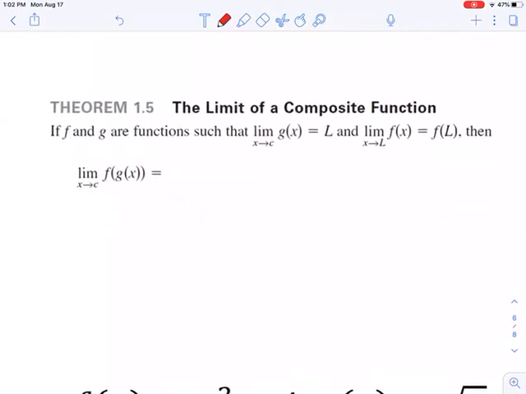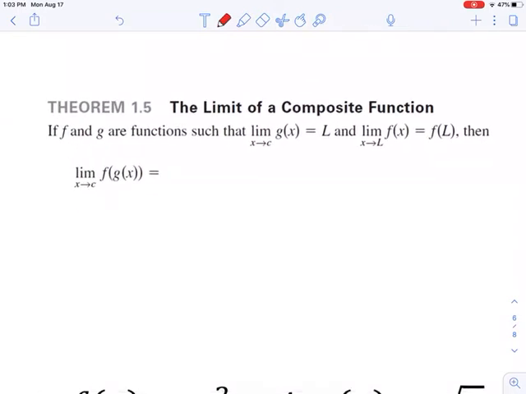Two more things we have left to talk about. The first is a composite function and how we take this limit. I feel that I probably would not need to go through this with you. This is probably something that could be almost intuitive for you, but I think it would be a good thing to talk about.